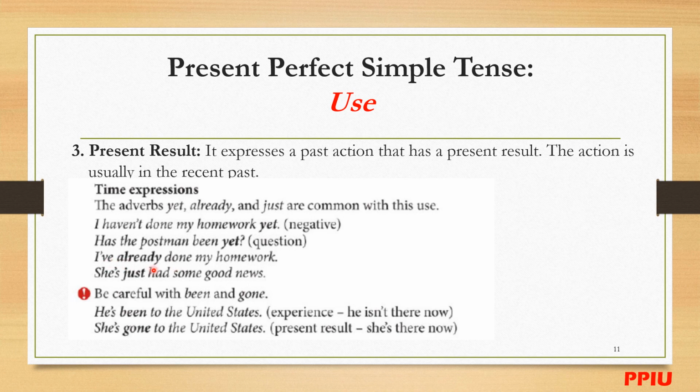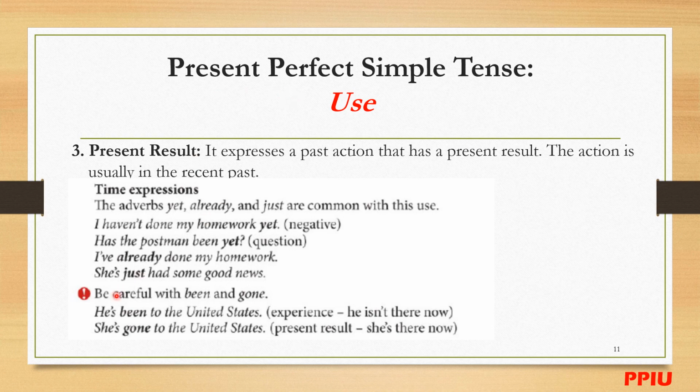So already goes between have and the past participle. She's just had some good news. Okay, so these are the time expressions yet, already, and just, commonly used with the present result, the usage of present perfect simple.